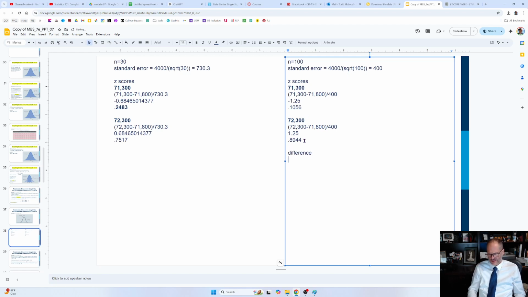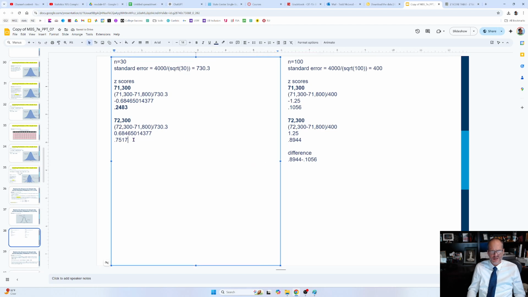And so if we find the difference between those two, for the middle we have 0.8944, the largest amount of the data, minus the 0.1056, and the difference over here will be 0.7517 minus 0.2483, and we'll bold these, I guess. Boom. I kind of like that. And bold this.